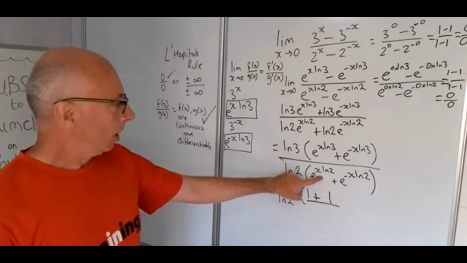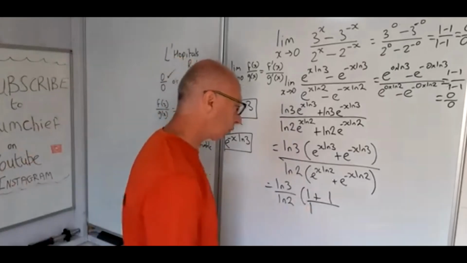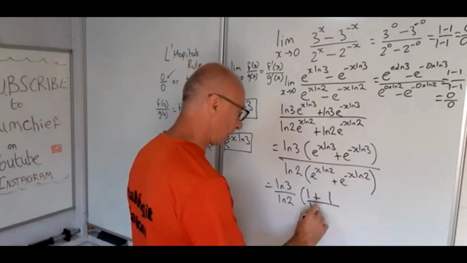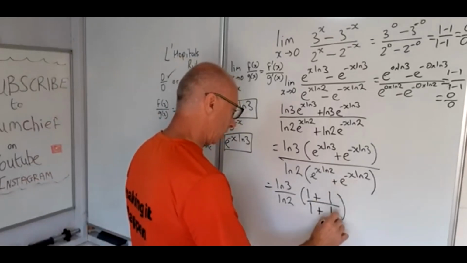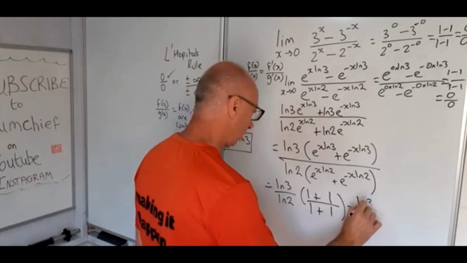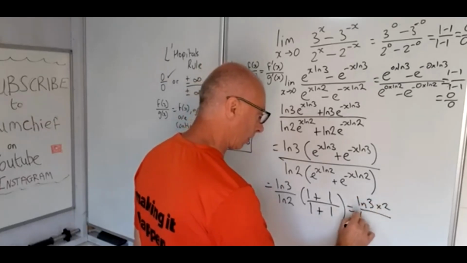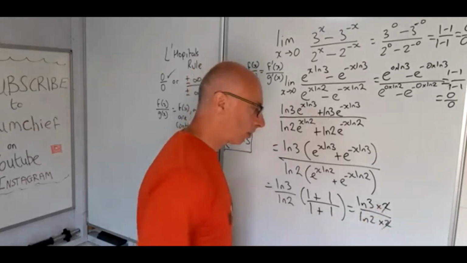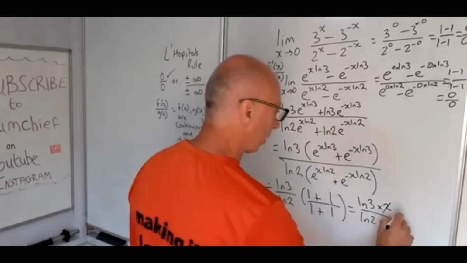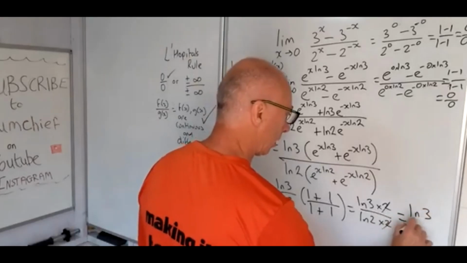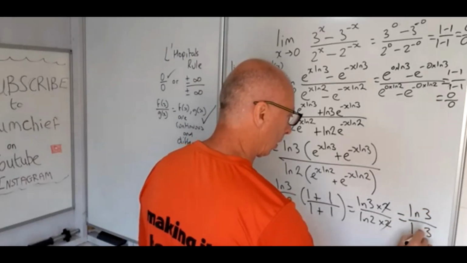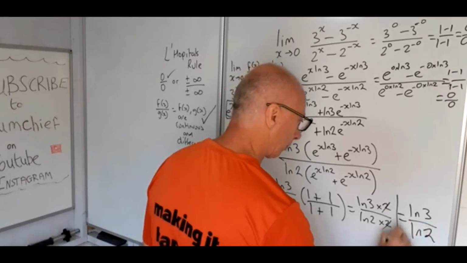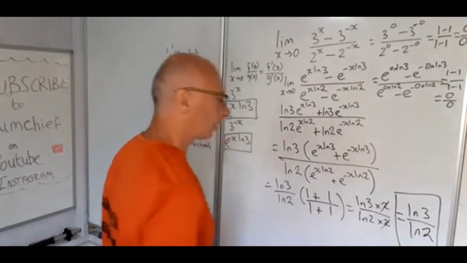Again, plug in 0 here, we get a 1. Plug in 0 here, we still get a 1. Anything to the power 0 is always a 1. So that gives us ln 3 times 2 over ln 2 times 2. These 2's cancel out, and we're left with our limit: natural log of 3 divided by natural log of 2. That is our answer.